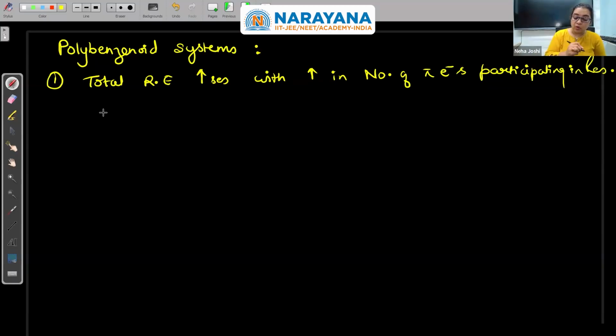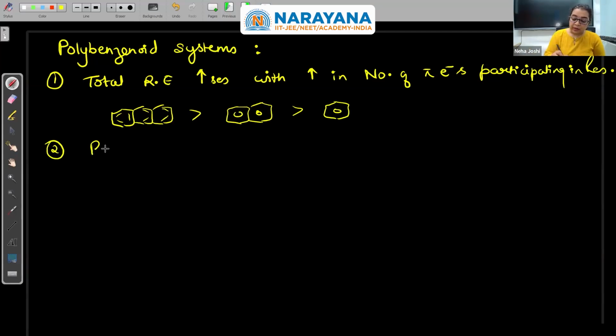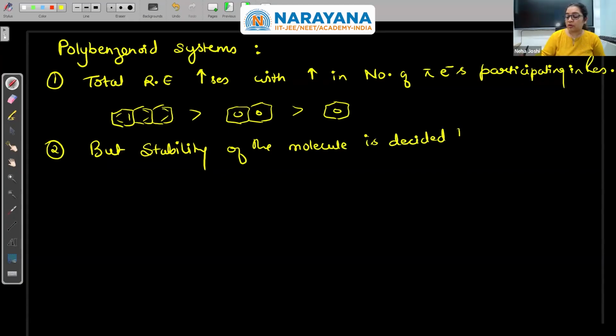So you will have more resonance energy of anthracene, then naphthalene, and then benzene. Okay, this is fixed. But stability of the molecule is decided by resonance energy per ring for the molecule.